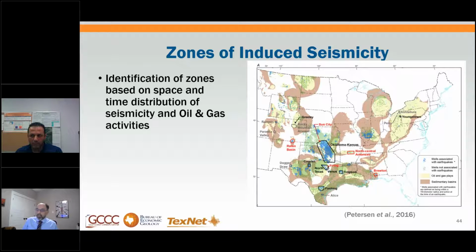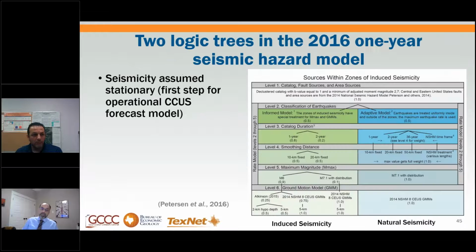And of course, the Cogdell field, which was also described earlier by Sue, which is EOR. Back in 2019, we also had 2 earthquakes of magnitude 4 and above in this area. Next slide.